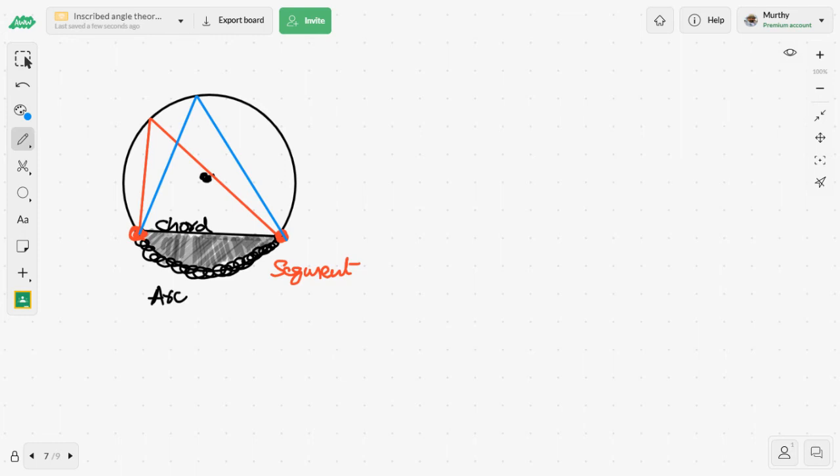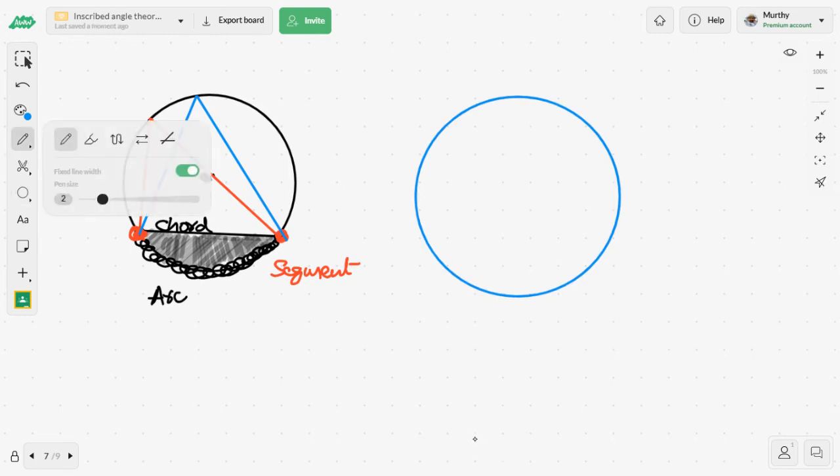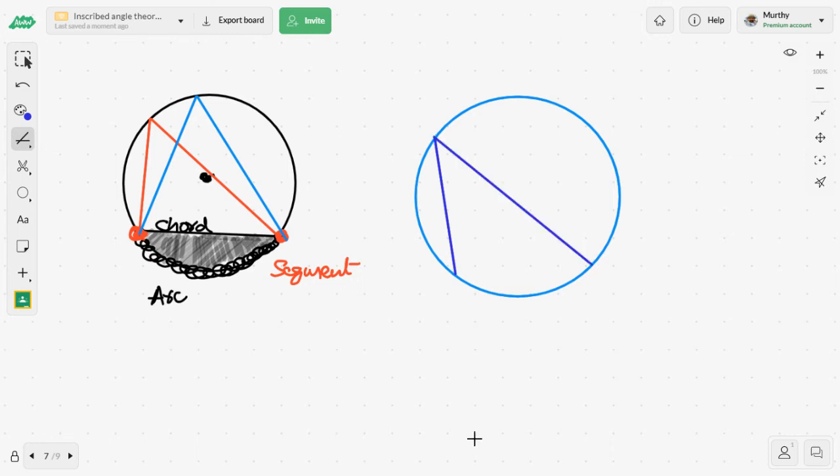Draw a circle. You may draw a segment and then draw angles, whichever way you like. Let's say I'm taking another circle and drawing an angle, and this is another angle. Don't bother about the shape of the angles, but make sure both angles have the same starting point and same ending point.